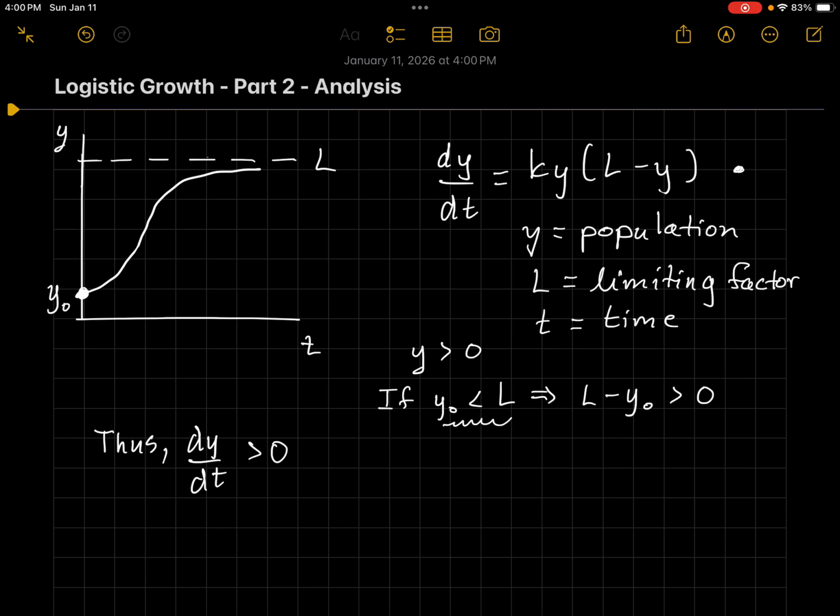Now, if our slope is positive, that means the population is increasing.